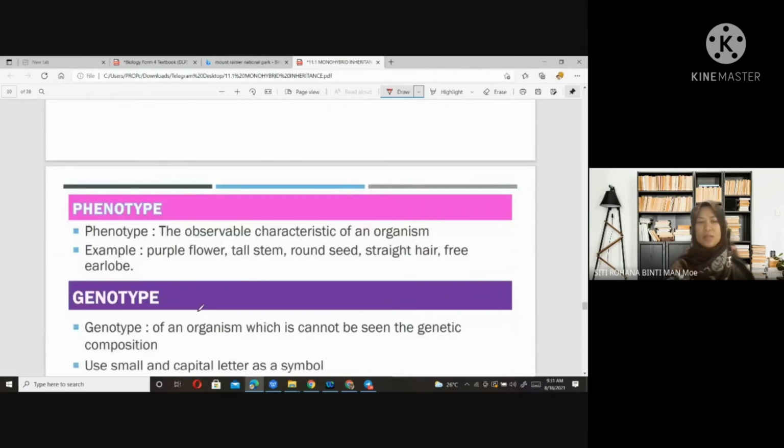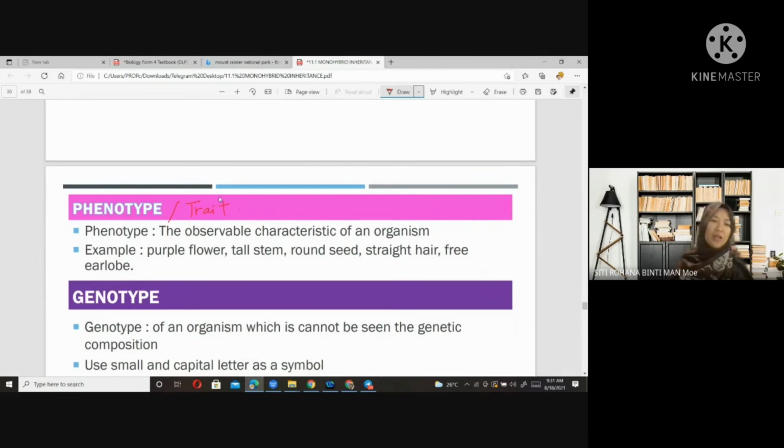Okay, next. Phenotype. Phenotype, observable feature, observable characteristic. Phenotype actually sama je maksud dengan trait. Saya tak tipu. Buku lama pun sama, reference book baru pun ada yang sebut sama. Okay.